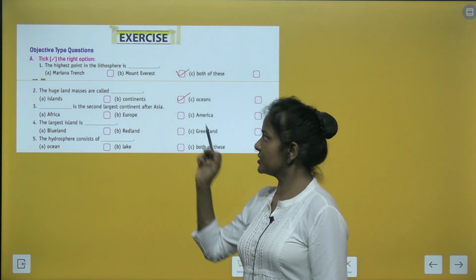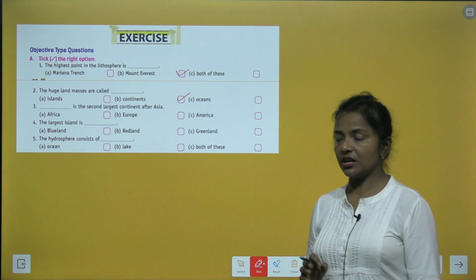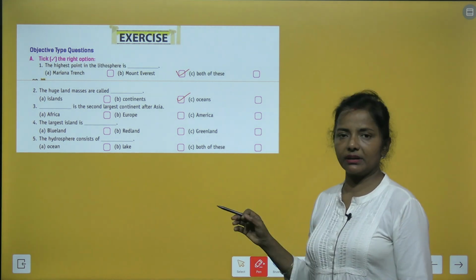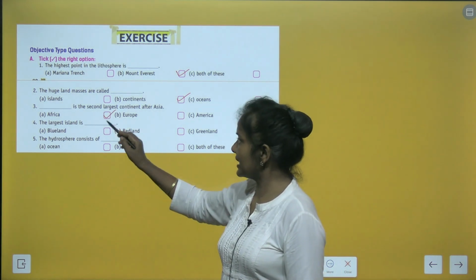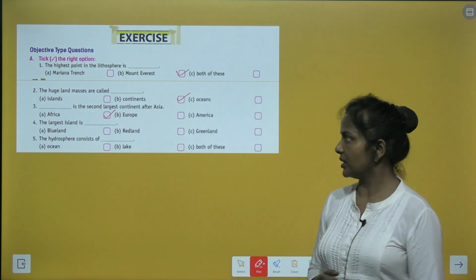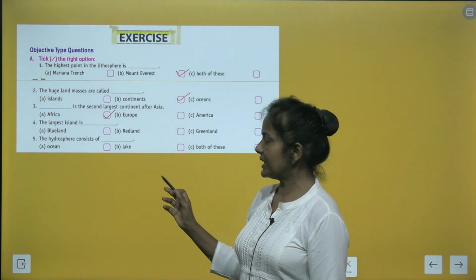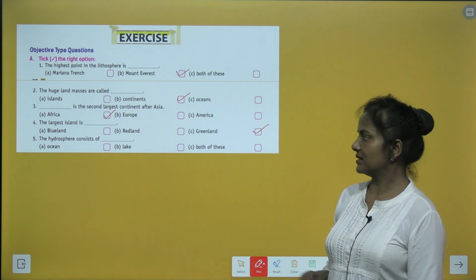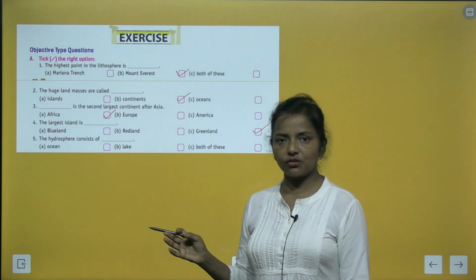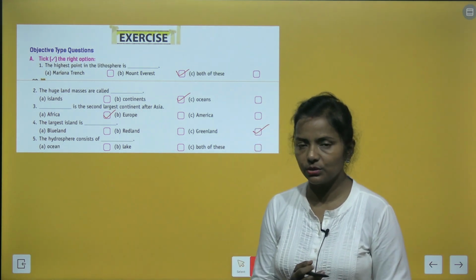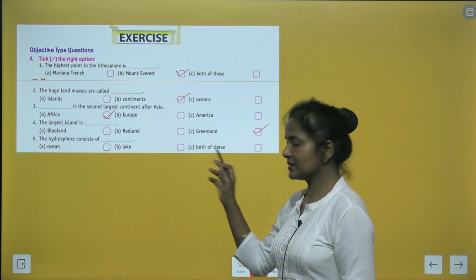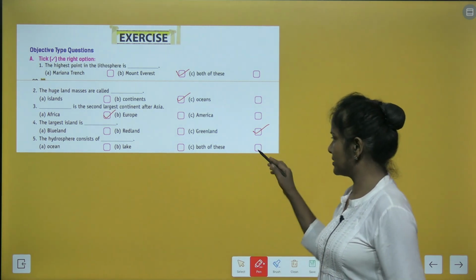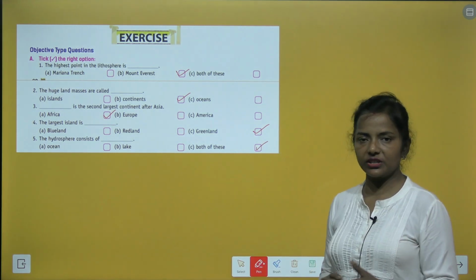Dash is the second largest continent after Asia: Africa, Europe, America. Africa is the second largest continent after Asia. The largest island is Blueland, Redland, Greenland. It is Greenland. The hydrosphere consists of, हाइड्रोस्फीयर में क्या क्या चीजें होती हैं? Oceans, lakes, both of these. Ocean भी है, lake भी, जितनी भी water bodies.